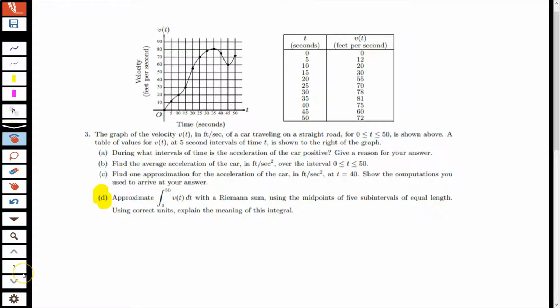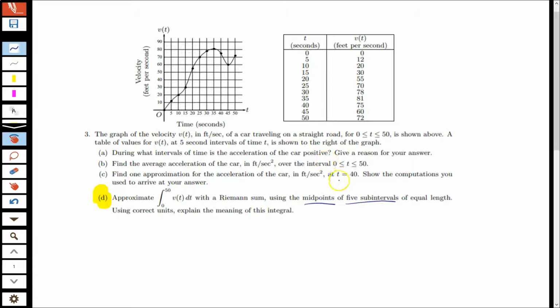Okay. So for choice D, we are looking to approximate the integral from 0 to 50 of v of t with respect to t with a Riemann sum. And this is going to be a midpoint Riemann sum. We're going to use 5 subintervals of equal length. This is somewhat tricky because we have 5 subintervals and a whole lot of numbers in the table, so it's kind of confusing what is what here.